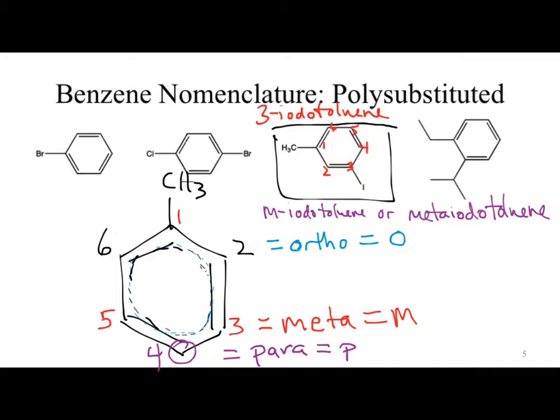So you'll see that nomenclature also show up. And we're going to refer to the positions on the ring as ortho, meta, and para for the rest of this chapter. If you'd prefer 2, 6, 3, 5, and 4, I guess I can do that too.